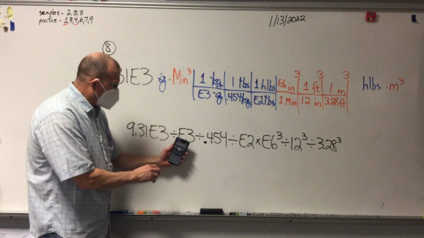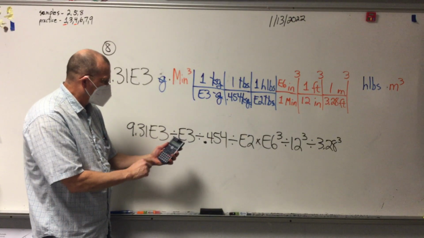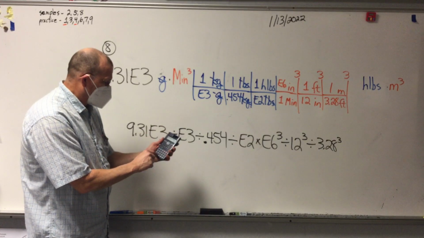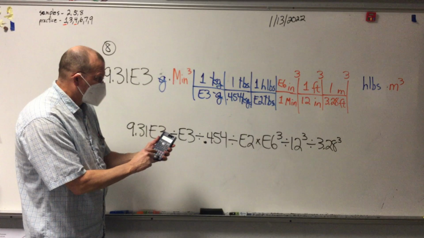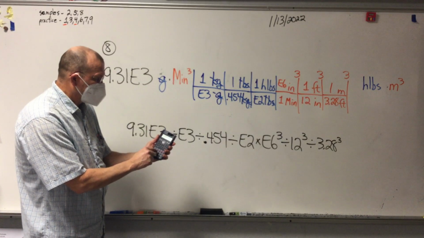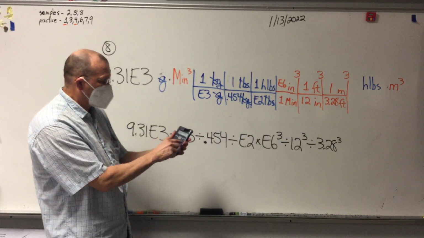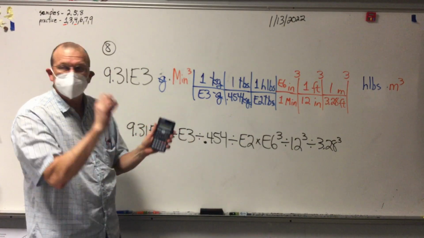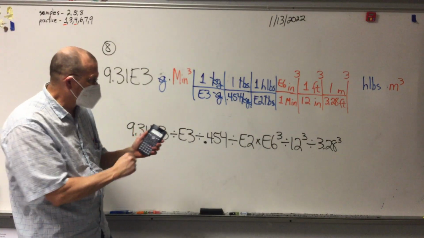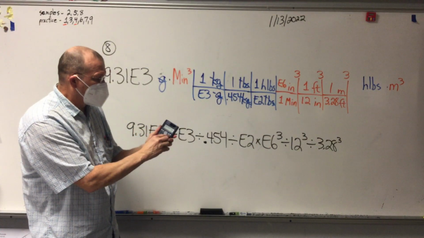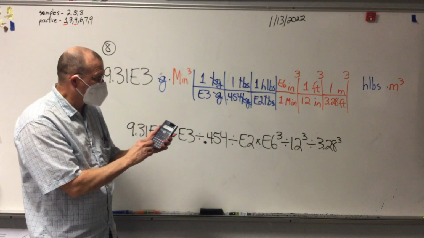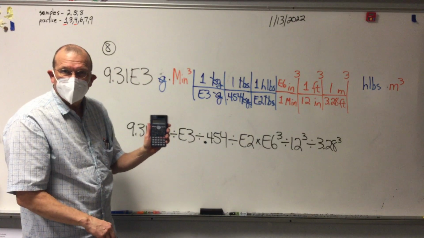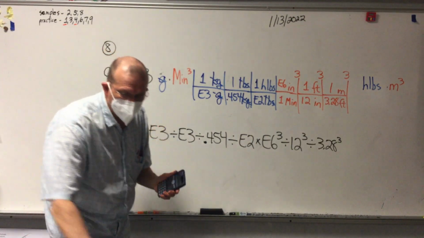Now we divide by E3, divide by 0.454, divide by E2, times E6, and this is where we go get that X cubed button in the upper right and hit that, and you should see an extra little 3 go up a little higher. Divide by 12 cubed, divide by 3.28 cubed, and then we hit equal.